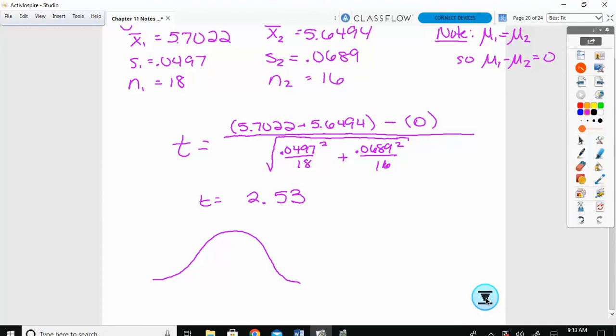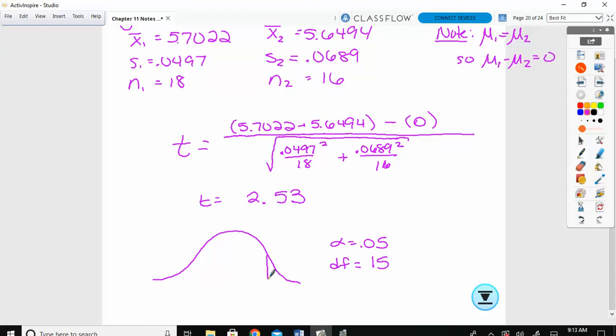So if you go to your table, we have the 0.05. The degrees of freedom, you have to go with the smaller. So we had an 18 and a 16. We have to go with the 16, so degrees of freedom is n minus 1, so 16 minus 1 would be 15 degrees of freedom.